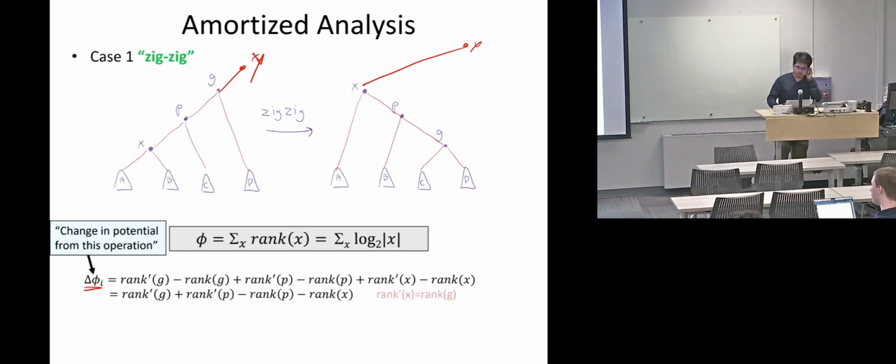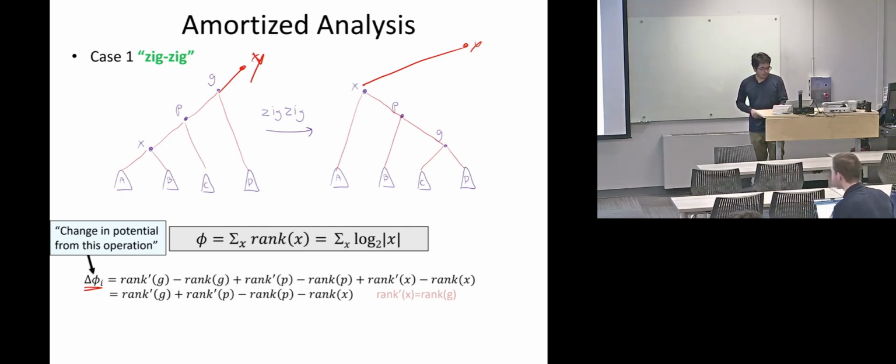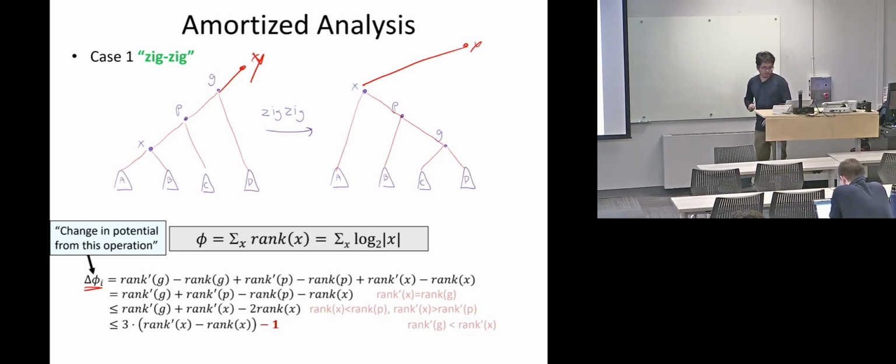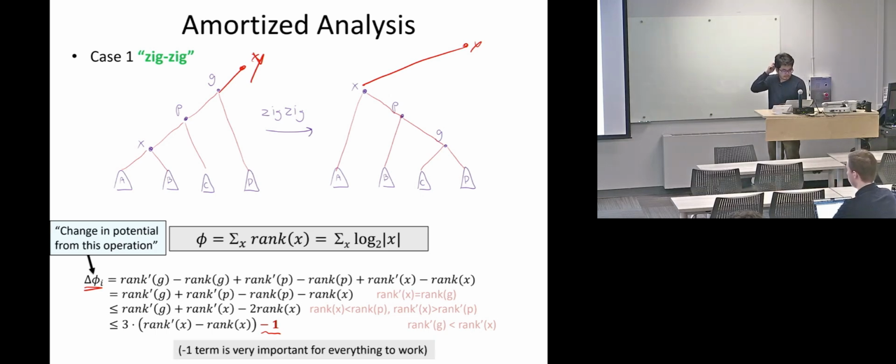Now we just need to calculate a bit, and I will not go through all this calculation because it's just calculation. But I claim that we're going to get this -1. Let me explain a bit why.